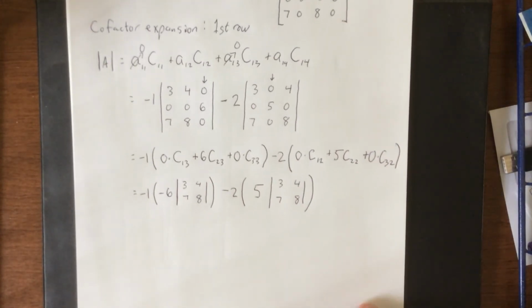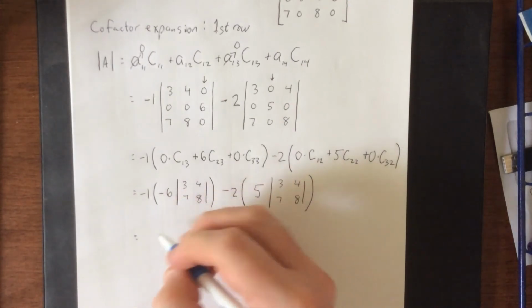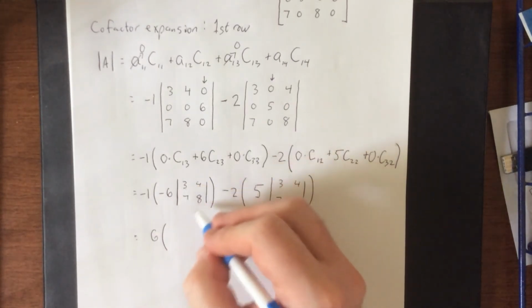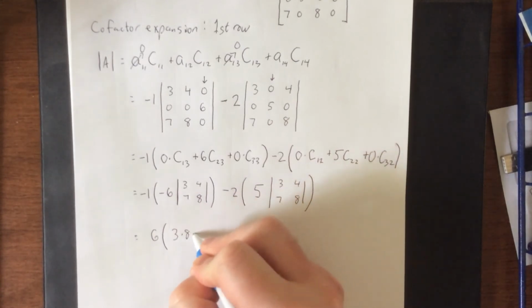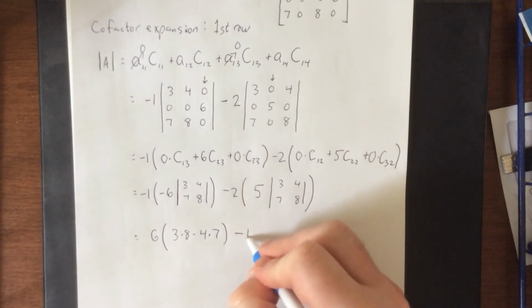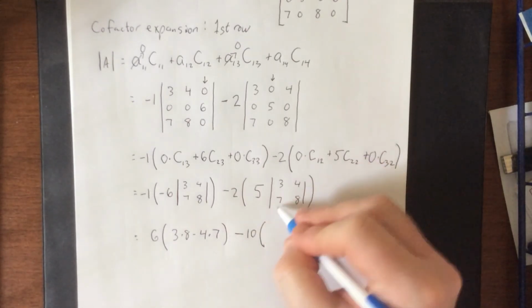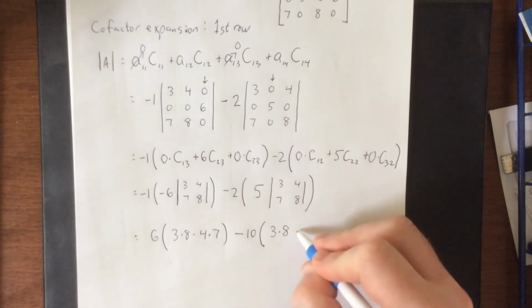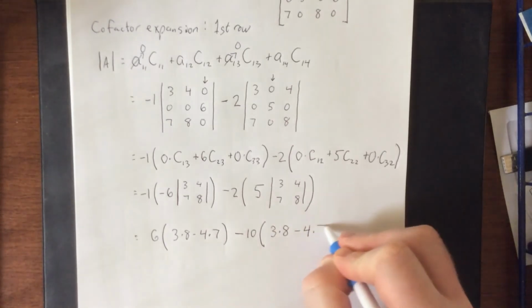Continuing to simplify as much as possible, we have -1 times -6, that'll be +6. This 2 by 2 determinant will be 3 times 8, minus 4 times 7. And we'll see -10 times this 2 by 2, that'll be 3 times 8, minus 4 times 7.